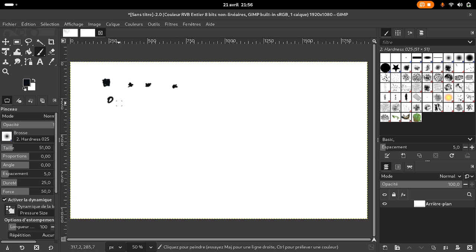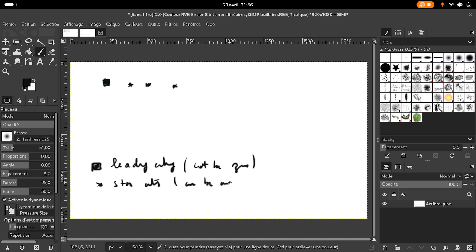Our convention, we say this is a leading entry. If I go back to the definition, it can't be 0. Here is a star entry, it can be any number, and 0 is 0.